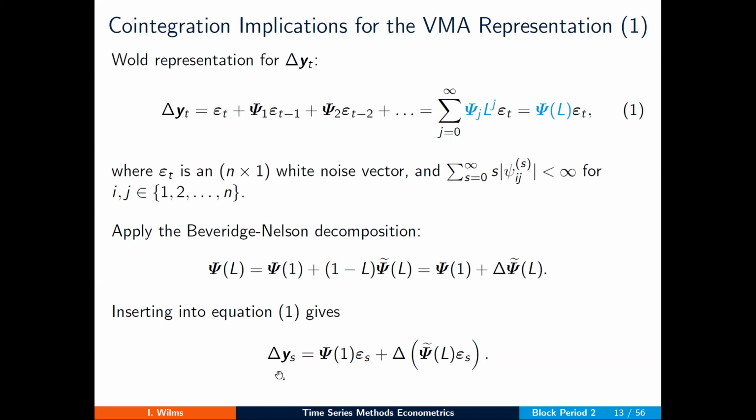Namely, that the series in differences, this guy over here, can be rewritten as Psi(1) times my error term, and then the difference of a new error process. Note that I have changed the time index from t to s, which I can do, of course, since the model equation holds at any time point. And the reason for this change in index will become clear on the next slide.